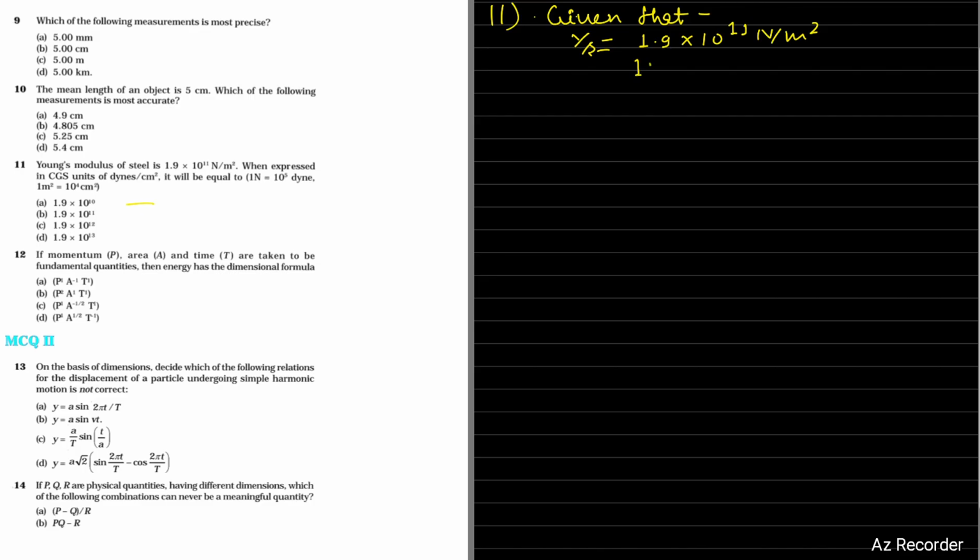1 Newton is equal to 10 raised to the power 5 dyne, and 1 meter square is equal to 10 raised to the power of 4 centimeter square. Okay.